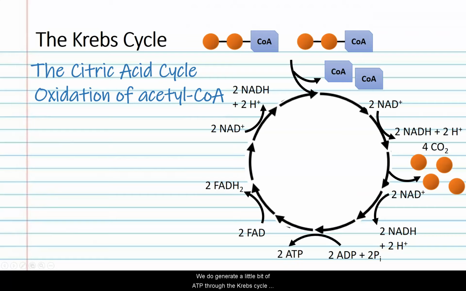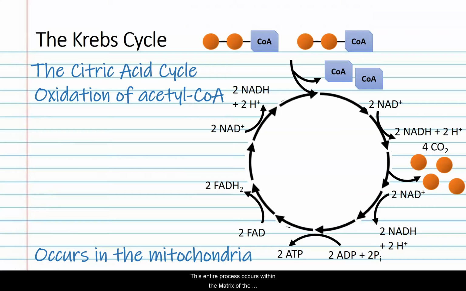We do generate a little bit of ATP through the Krebs cycle, and this is again through substrate level phosphorylation. This entire process occurs within the matrix of the mitochondria, so that inner jelly center of that mitochondria organelle.